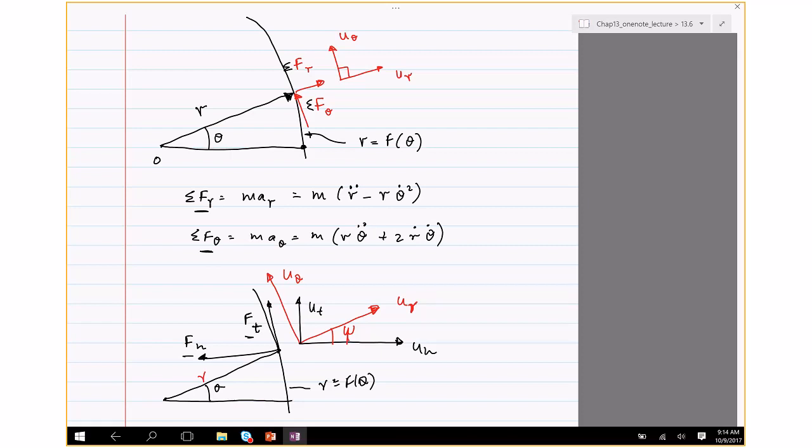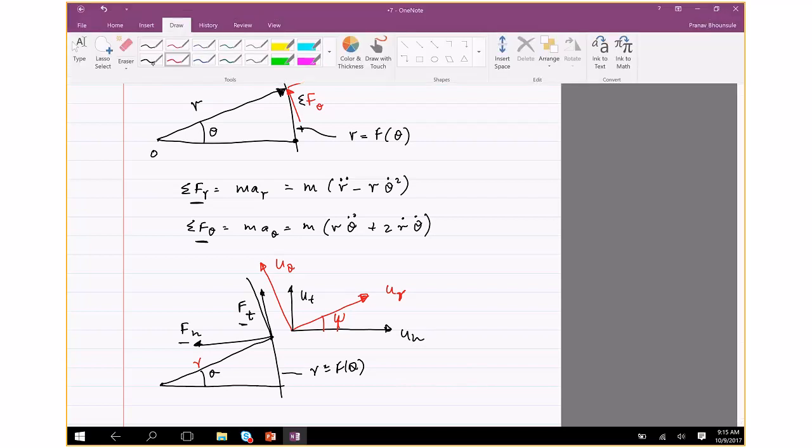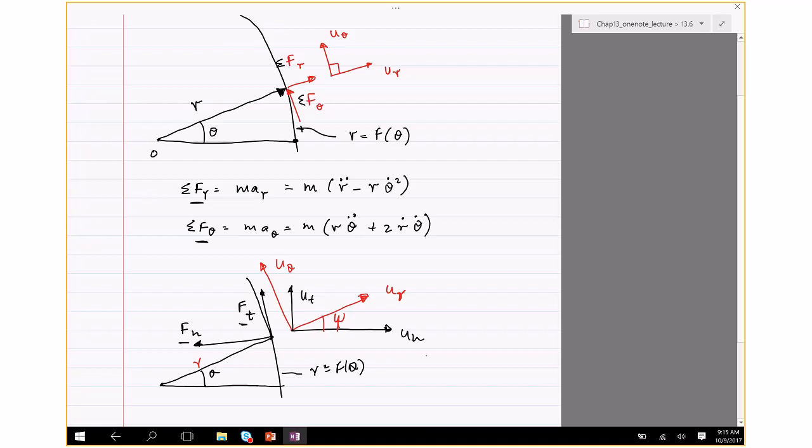There is a simple relation to find psi: tan of psi equals r divided by dr d theta.